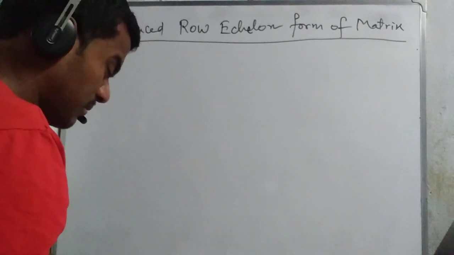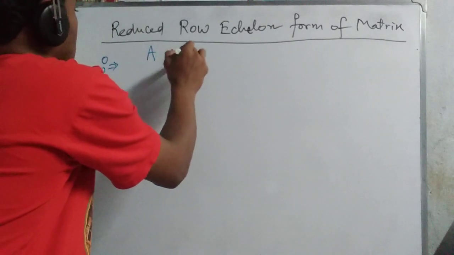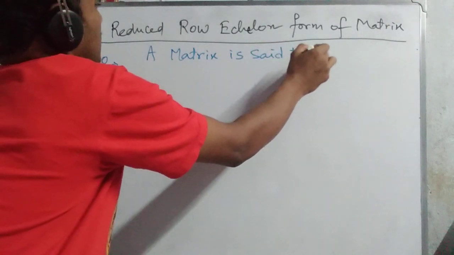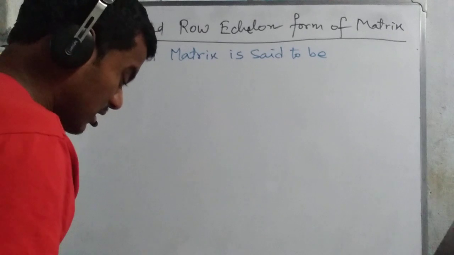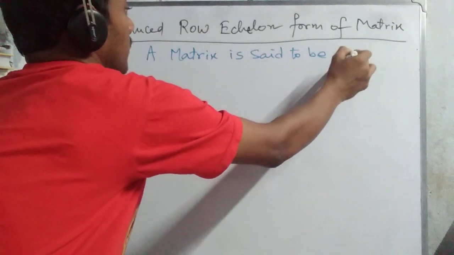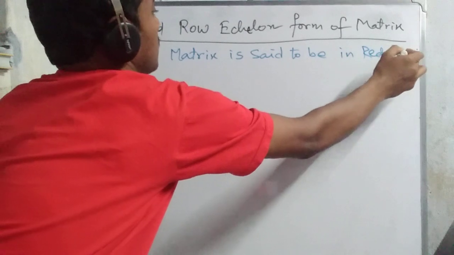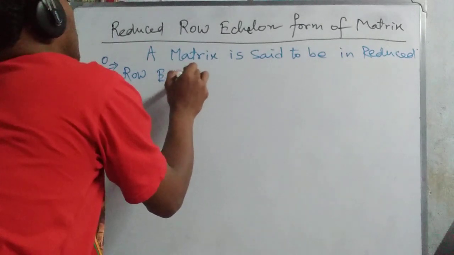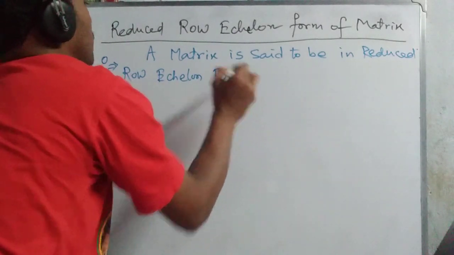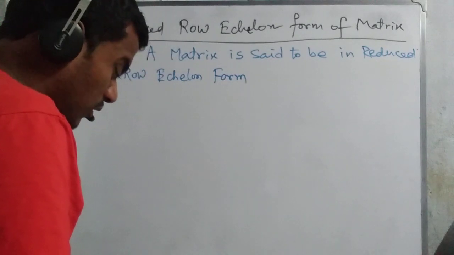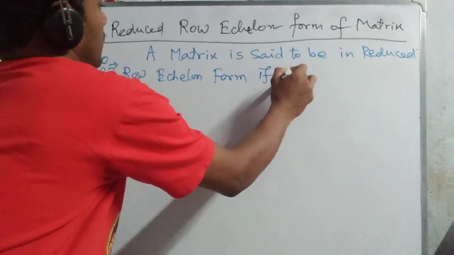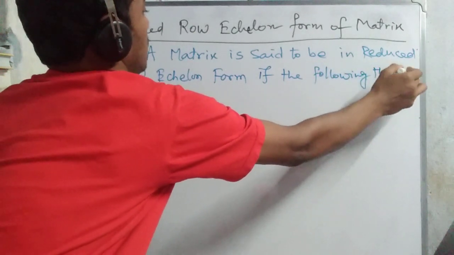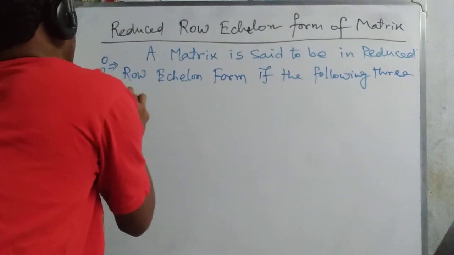A matrix is said to be in reduced row echelon form if the following three conditions are satisfied.